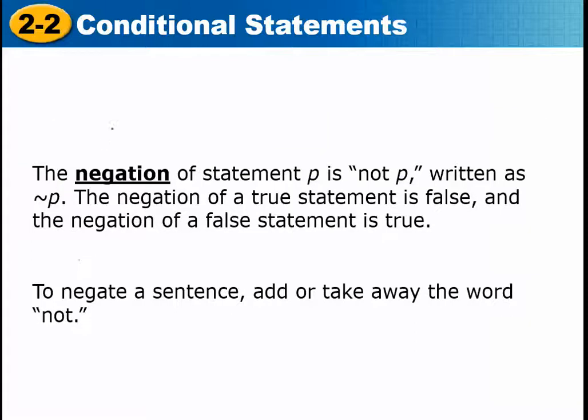You can use this little curve on your keyboard, it's right to the left of the number 1. It looks like a congruent sign, but only the part above the equal sign. It just means not P. You may also see it as not P written with a kind of bracket. So that means it's negated.